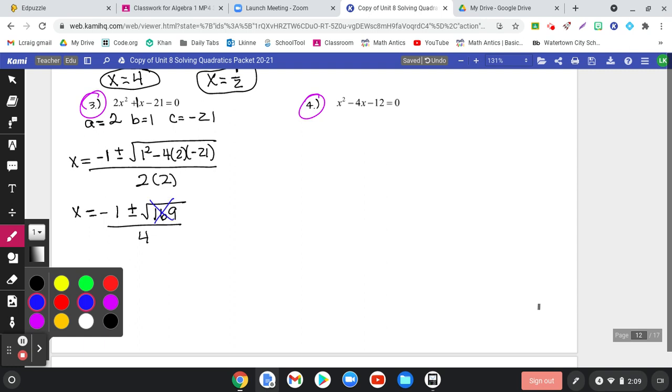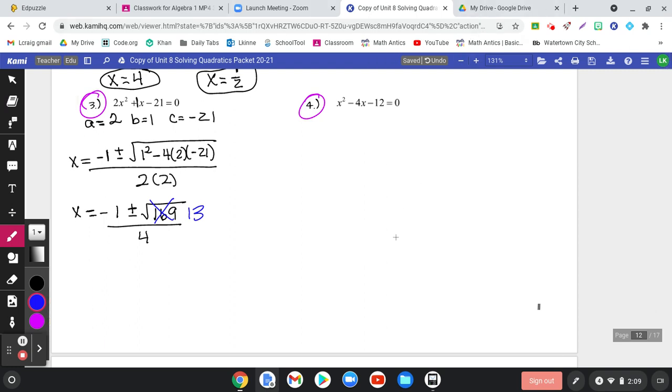So when I split it up, I'm going to have x equals -1 plus 13 over 4. And then I'm going to have -1 minus 13 over 4. This will end up being 12 divided by 4, which is 3.